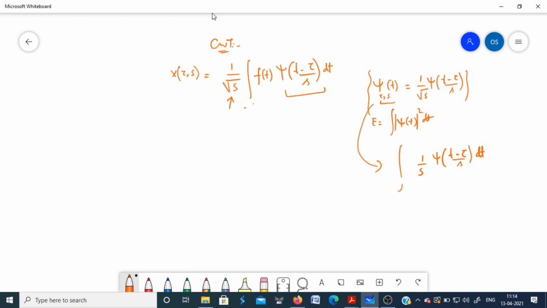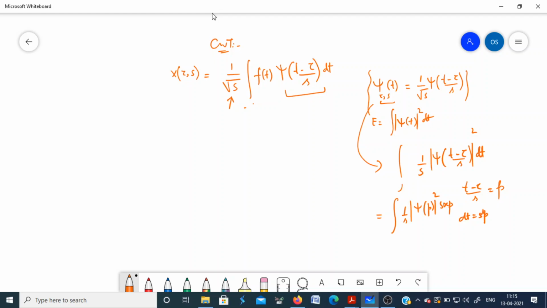Again, if you replace (t minus tau) by s with some other variable, suppose p, you will get dt as s dp. Then this becomes the integration of 1 by s times psi of p squared times s dp.